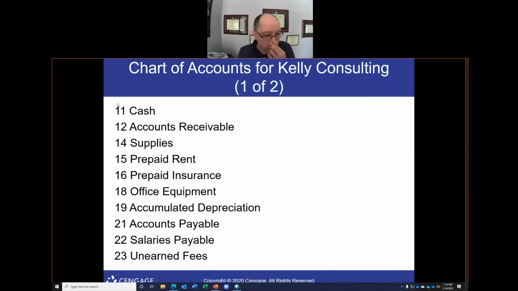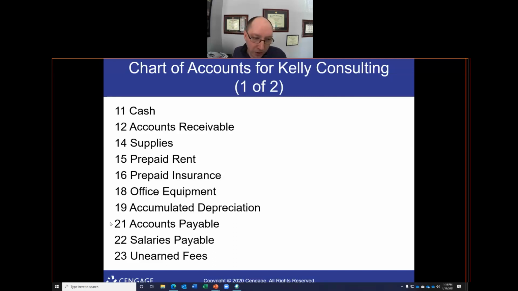The reference number is 2 digits. If it's an asset, it starts with 1. 11 is cash, 12 accounts receivable, 14 inventory, 15 prepaid rent, 16 prepaid insurance, and so forth. These are all asset accounts. How do I know? They start with 1, and I know they're on the balance sheet as assets.